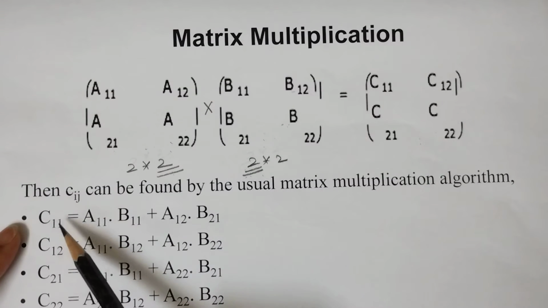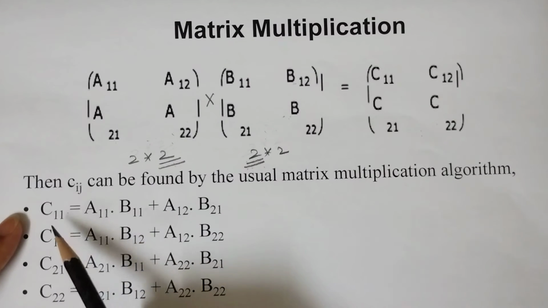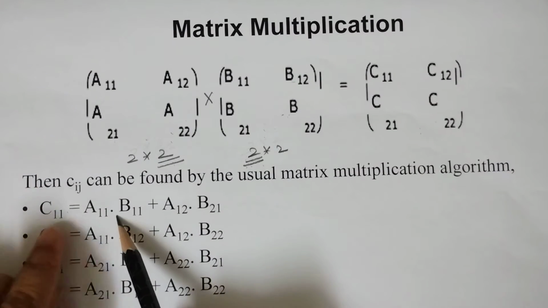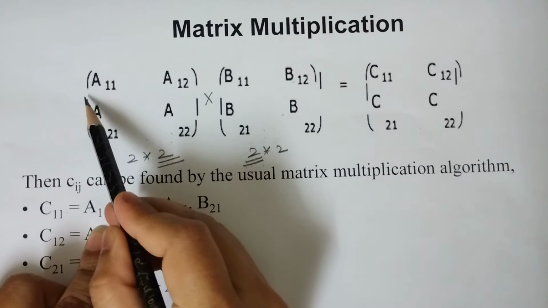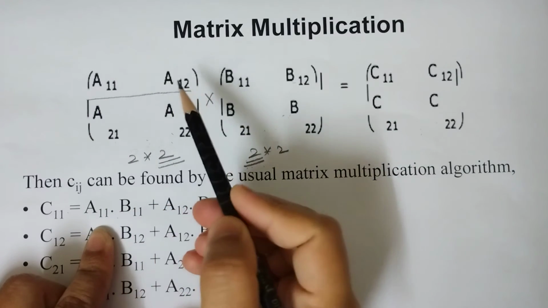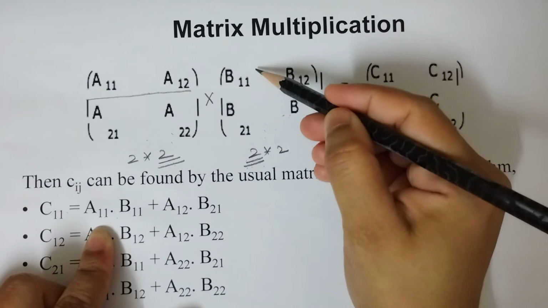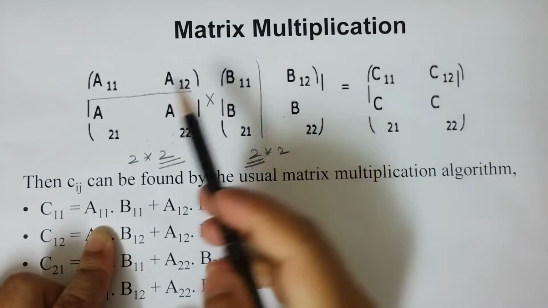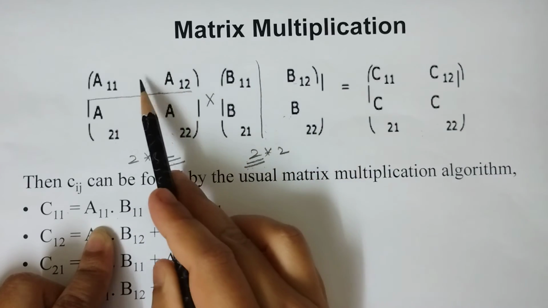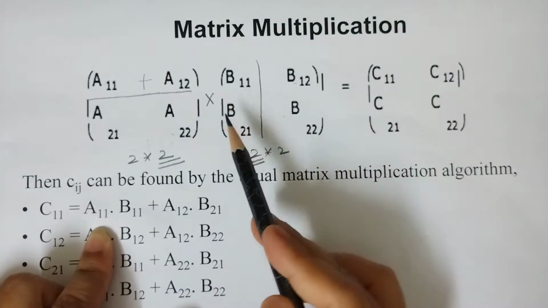This is the formula we use to perform matrix multiplication. If you look at this formula, when you're performing matrix multiplication, you consider the first row of this matrix and then the first column of this matrix. Then you perform multiplication along with the addition operation.